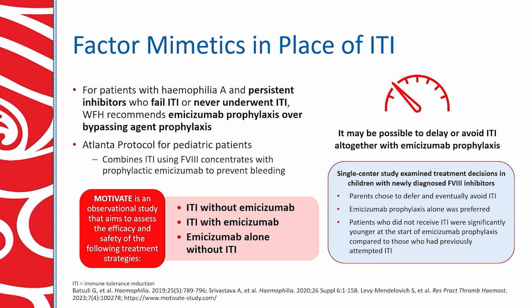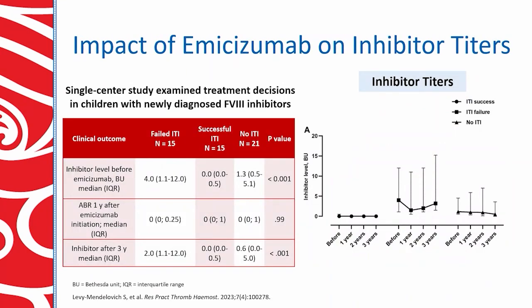Especially if you look at the patient characteristics where emicizumab prophylaxis alone was preferred, these were the younger patients. Of course, I can imagine the reasons why this is the case, because regular intravenous factor replacement for ITI is probably very challenging, especially in very young patients.